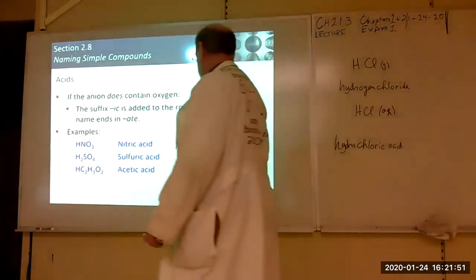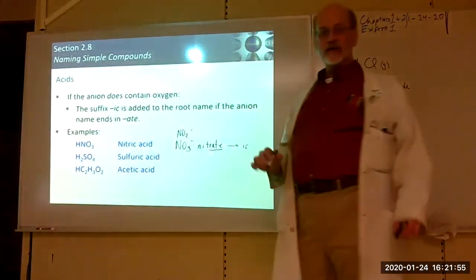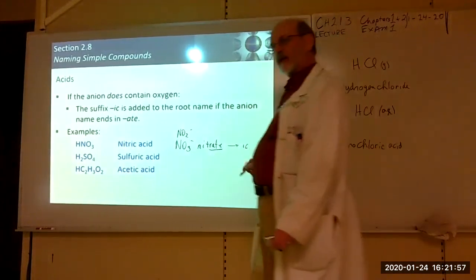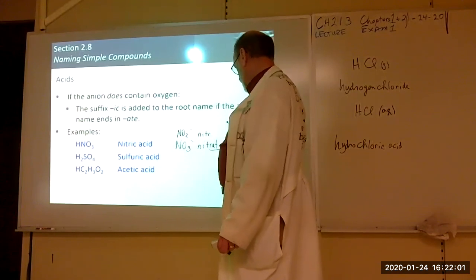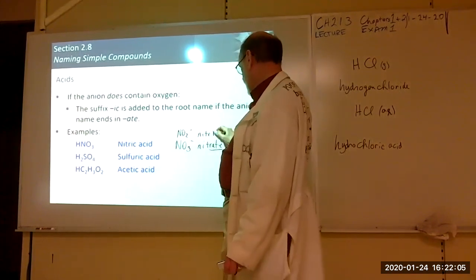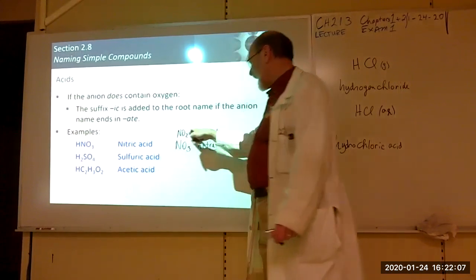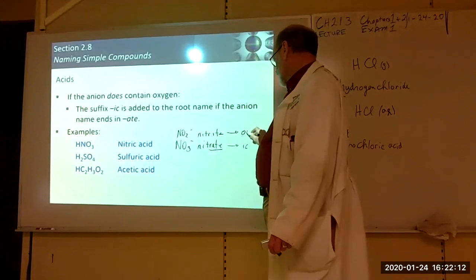What if it was NO2 minus? If you look on your table, you find that NO2 minus is nitrite. So it's the nitrite polyatomic, and -ites become -ous.